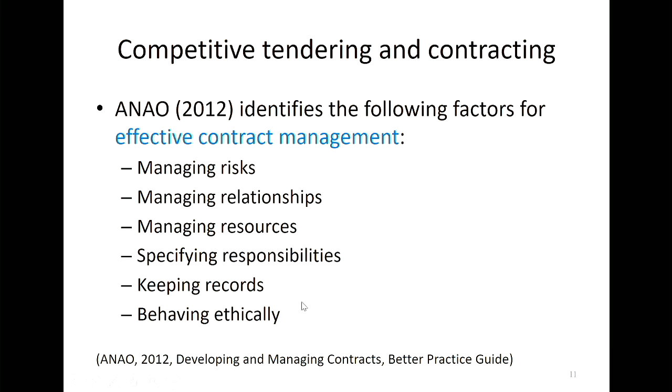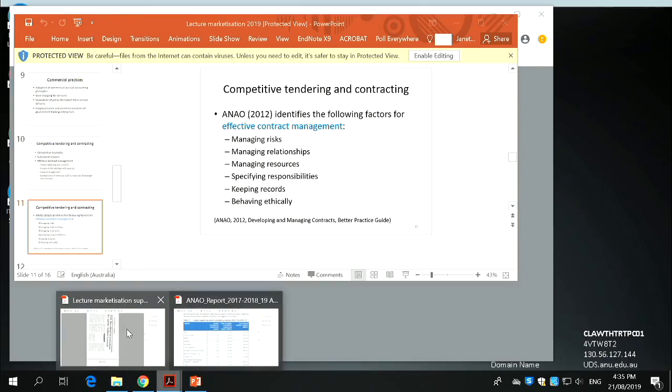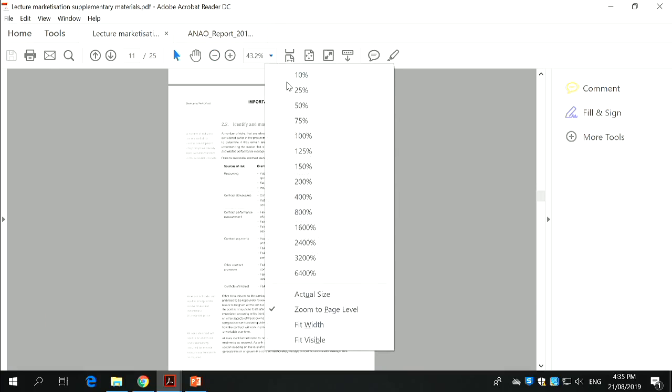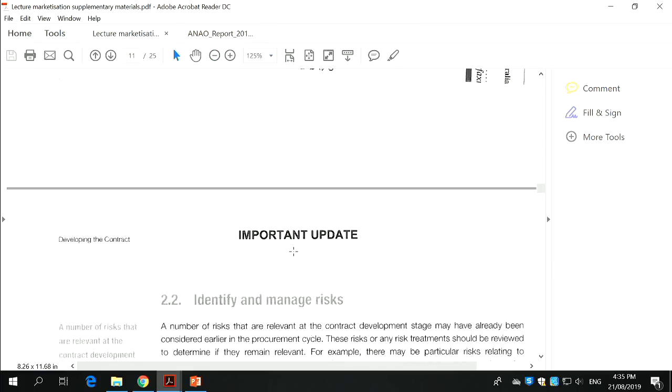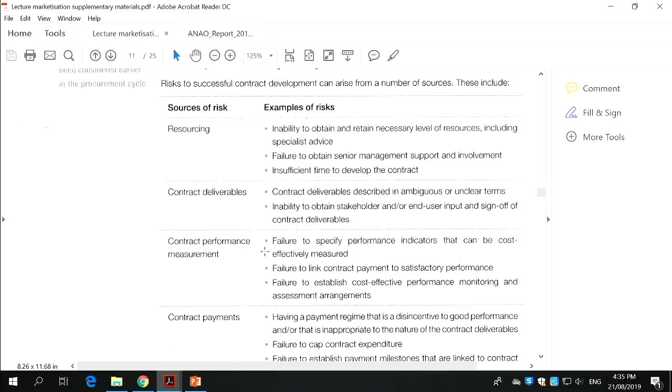Let me show you some examples in this one. So these are some of the examples in the ANAO Better Practice Guide, right? Resourcing, right? The risk relates to resourcing, such as inability to obtain or retain the necessary level of resources, right?